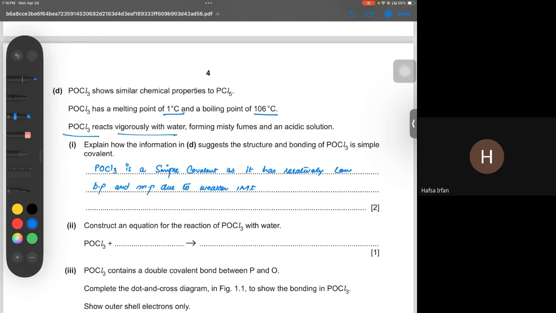Remember, a vigorous reaction with water says this is hydrolysis.